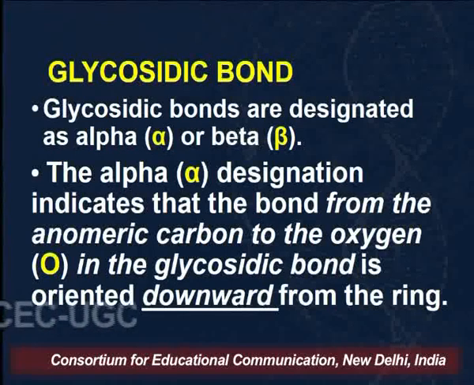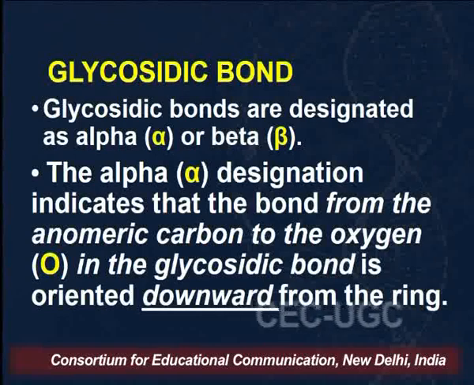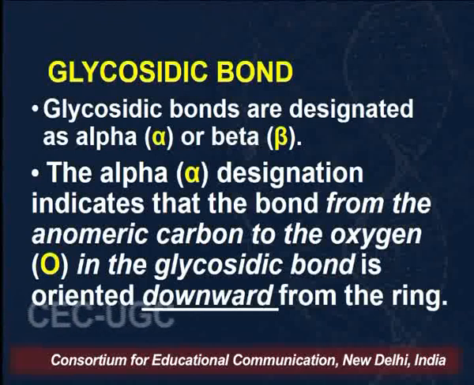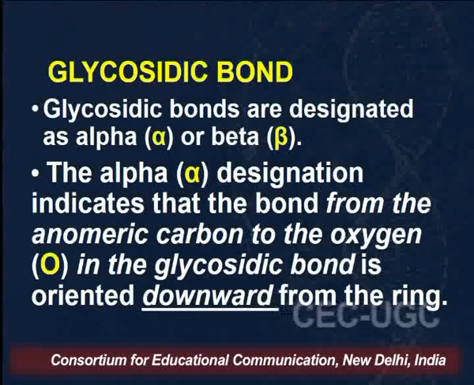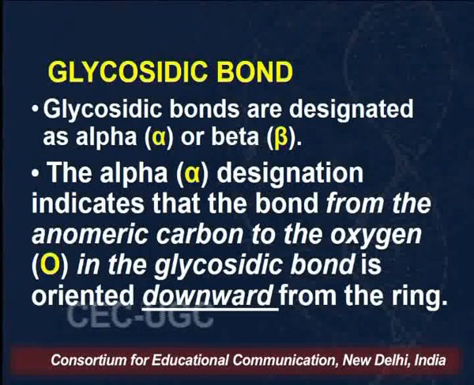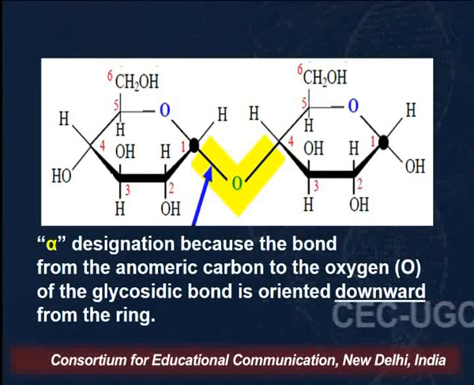As I have already said, glycosidic bonds are designated as alpha or beta. The alpha designation indicates that the bond from the anomeric carbon to the oxygen in the glycosidic bond is oriented downwards from the ring. When I am talking of the ring here, I am talking of the pyranose ring.